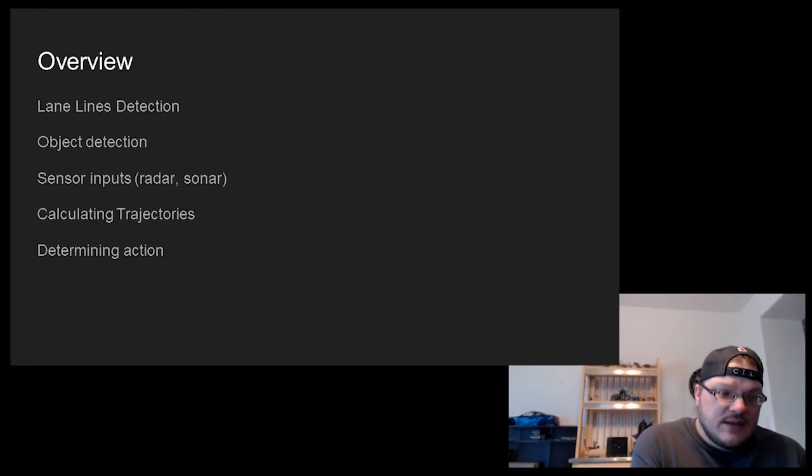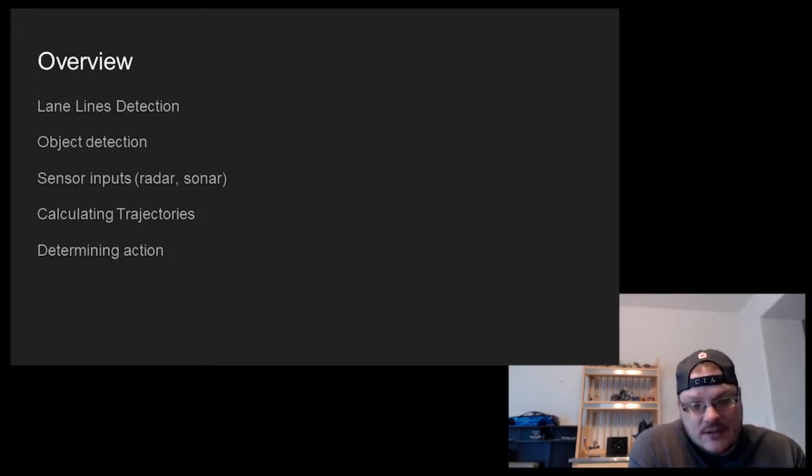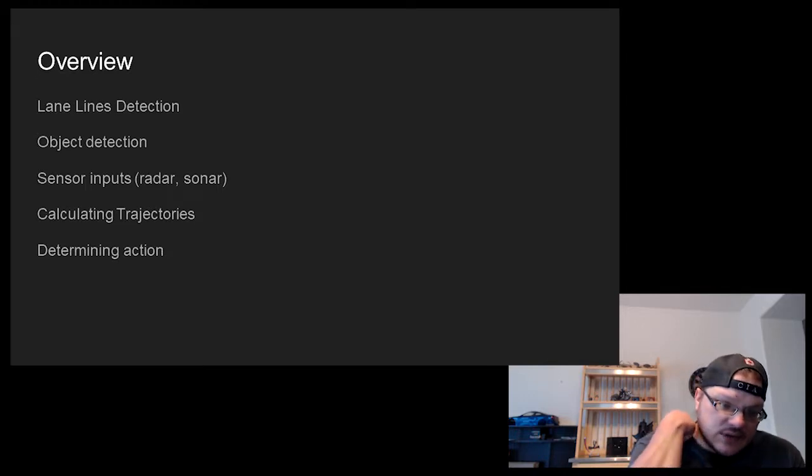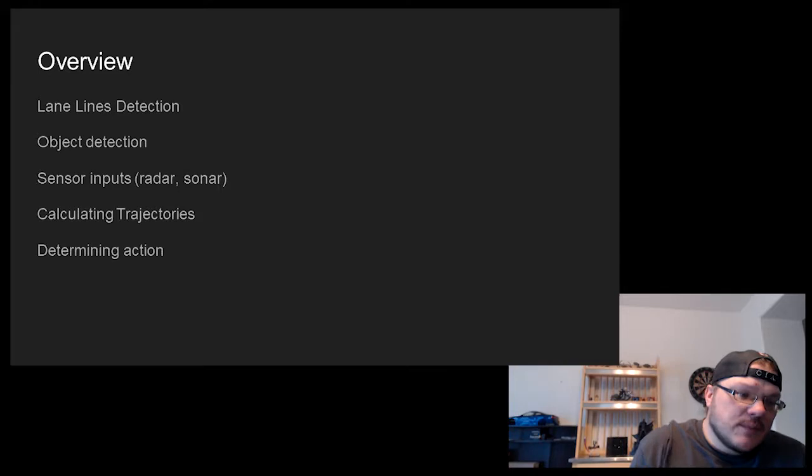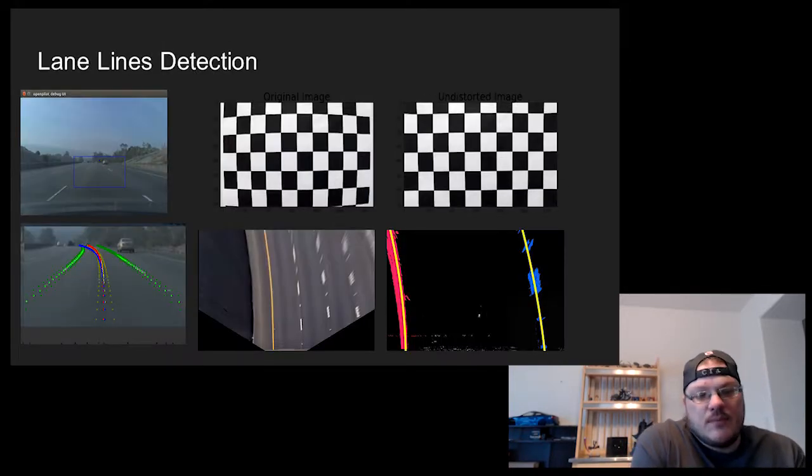So, we have the basic steps or functions. So lane detection, object detection, sensor input, calculating trajectories, and then determining what action to take. So the first step in determining lanes, there's two different approaches, but the biggest one I found is basically just mathematical computations.